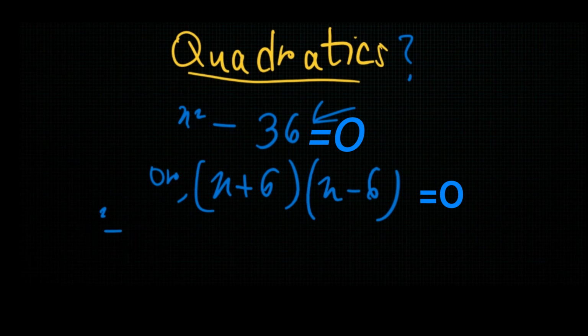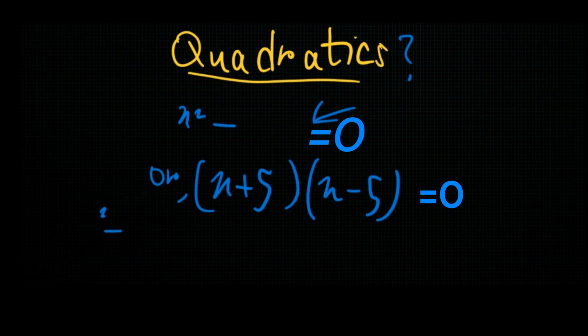And you can do the same for other numbers as well, which have a perfect square. Perfect squares like 25. 25 is a perfect square of 5, so you can do it just like this.